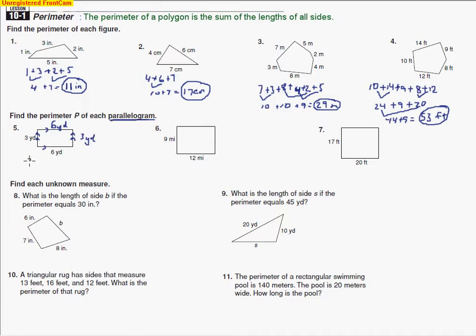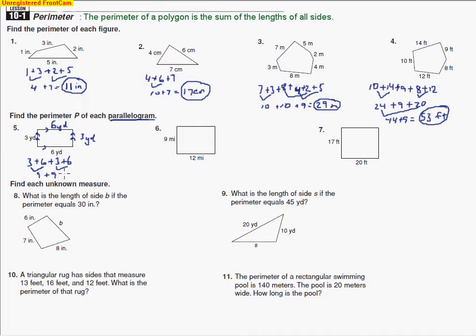So we just add up all those sides. 3 plus 6 plus 3 plus 6. Now, you see how 3 and 6 make 9, and this other 3 and 6 make 9.